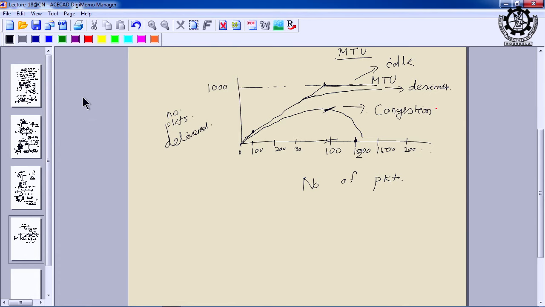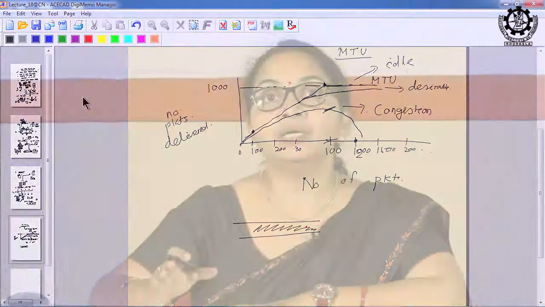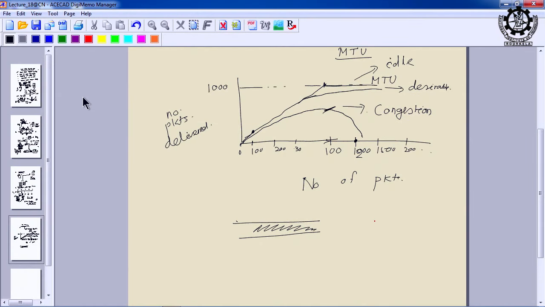Congestion means a situation when the number of packets in a route between any sender and any receiver goes beyond its capacity. So it is a global issue, or you can say this occurs in any subnet. It can occur in any link of the subnet. If you have a subnet like this, congestion can occur anywhere.